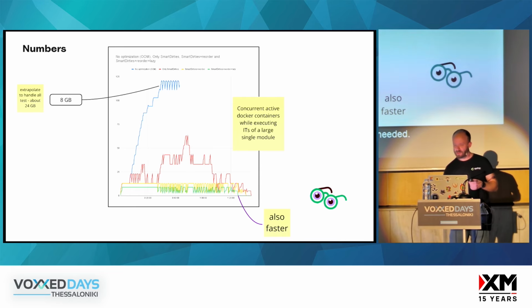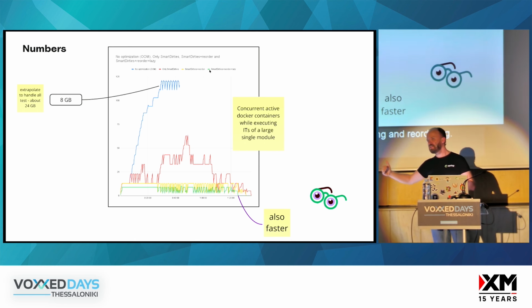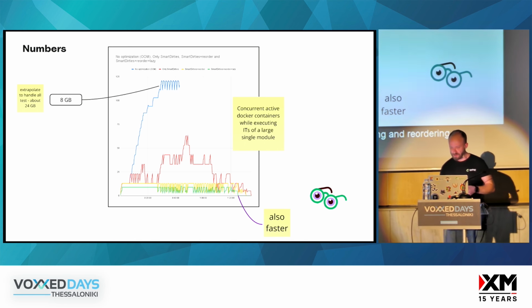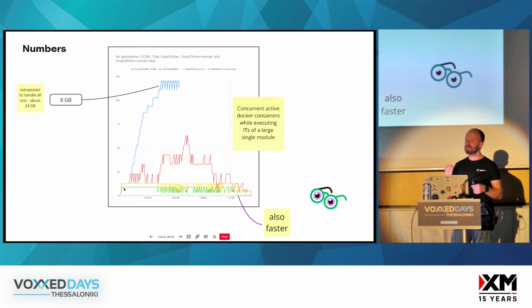And the green one adds one more optimization, lazy initialization of data sources. You can see here that it's not only consuming fewer resources, so fewer Docker containers on average means less memory, but it also executes faster.